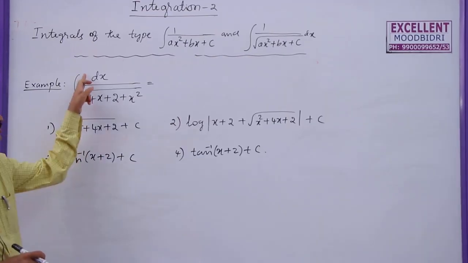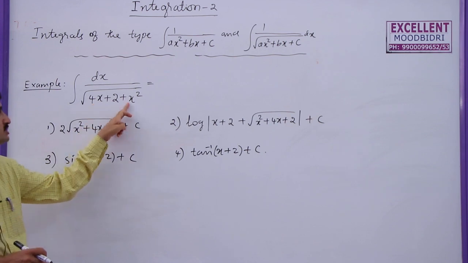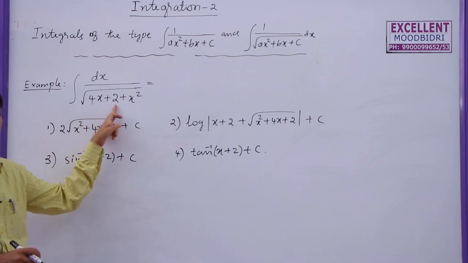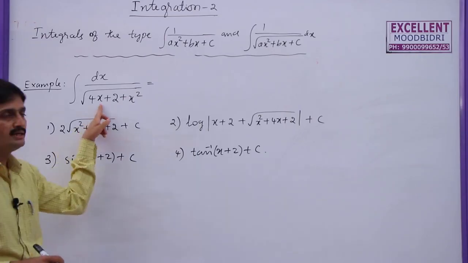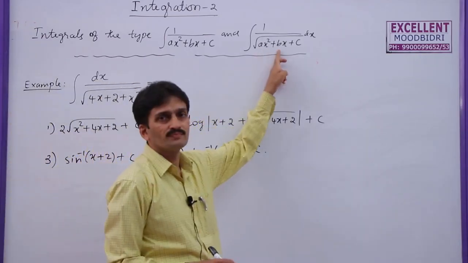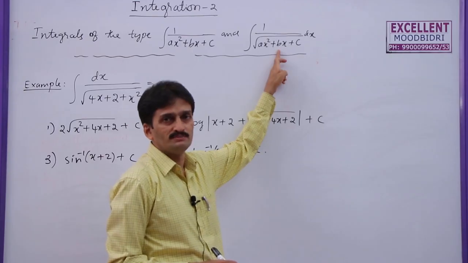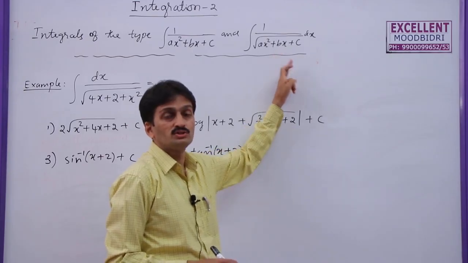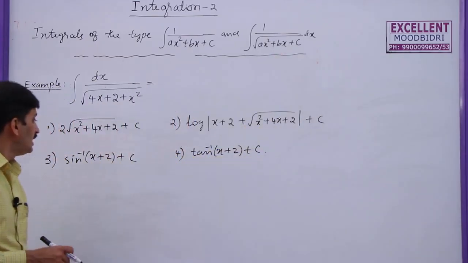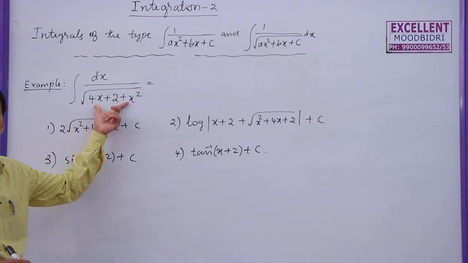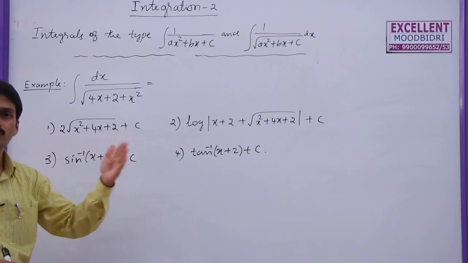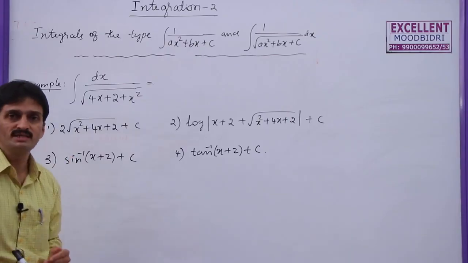Integral of 1 by root of x square plus 4x plus 2 dx equal to. So 4 options are given. Now this integral is of this form, 1 by root of ax square plus bx plus c. So first you have to complete the square and transform this expression x square plus 4x plus 2 into one of the three, x square plus a square or x square minus a square or a square minus x square.